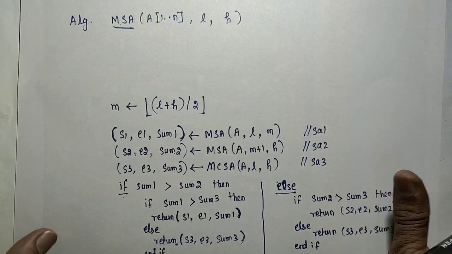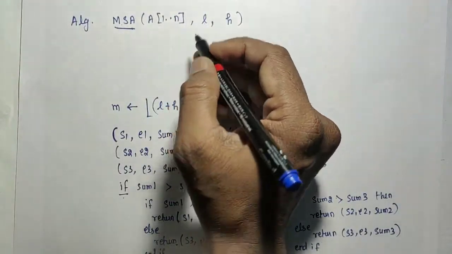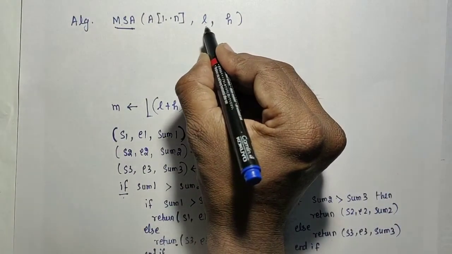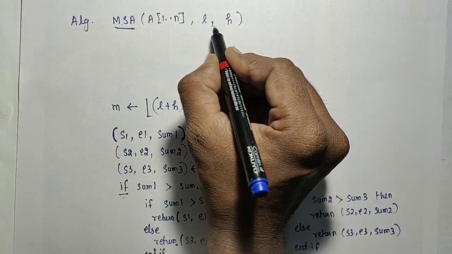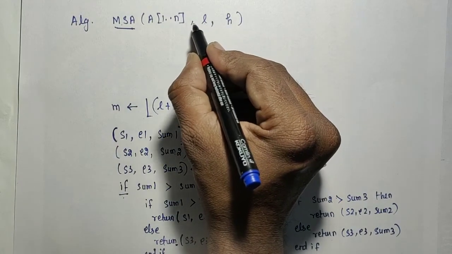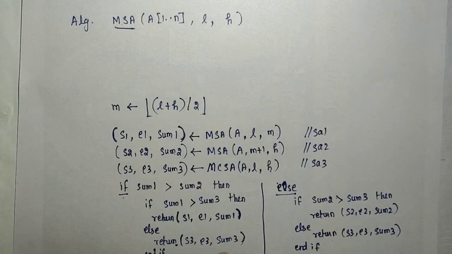That depends on the input L and H. In which situation is this recursive procedure not needed? If L and H are pointing to the same, L equal to H. It means the maximum subarray from 1 to 1. So in that case, no need to recursively call. 1 to 1 means that subarray is the maximum subarray.